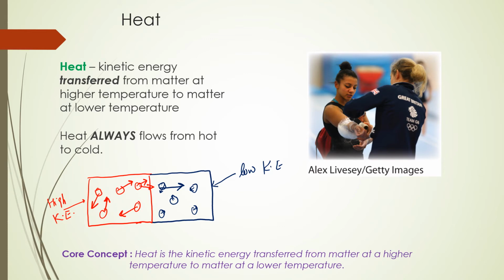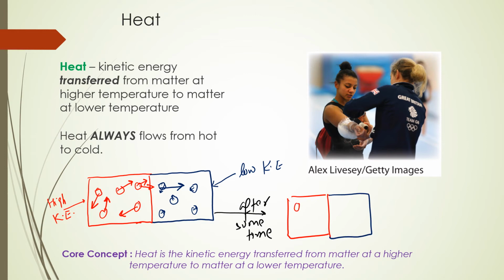So after some time, if we let these collisions take place, both red and blue particles change: red particles will lose some energy, so their energies will be slightly lesser than before because they have transferred most of their energy to the blue, and blue particles will have gained some energy, so their energies will be more than before.